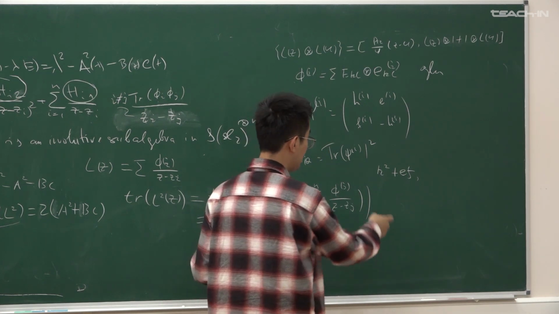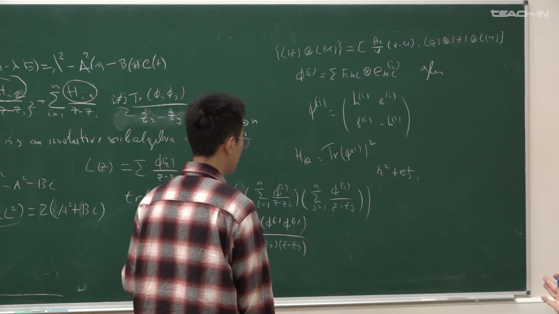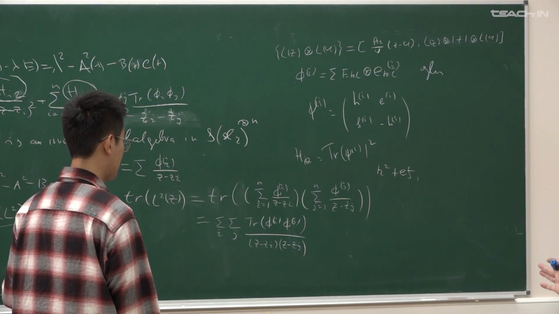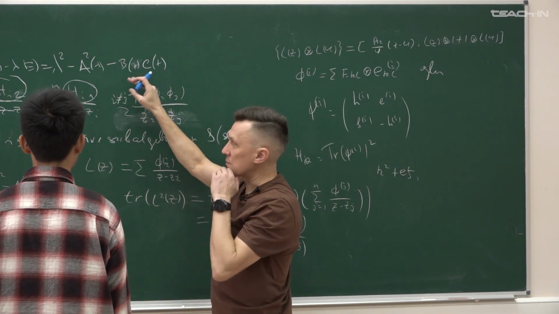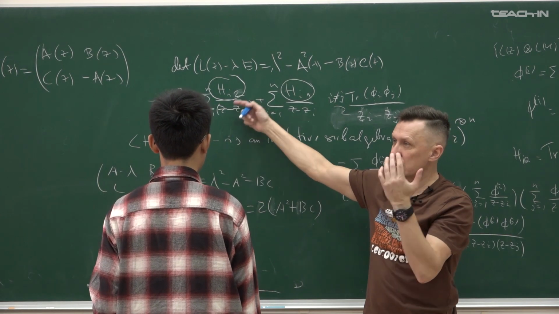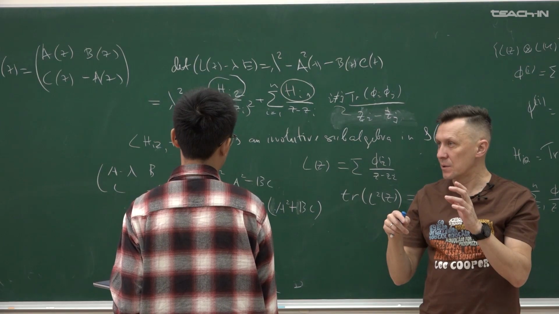Yes, for SL. It's a Casimir function in the corresponding copy of SL2. So you see, in this expression, you just expand the characteristic polynomial. The highest coefficients are just the Casimir function in the corresponding copy.